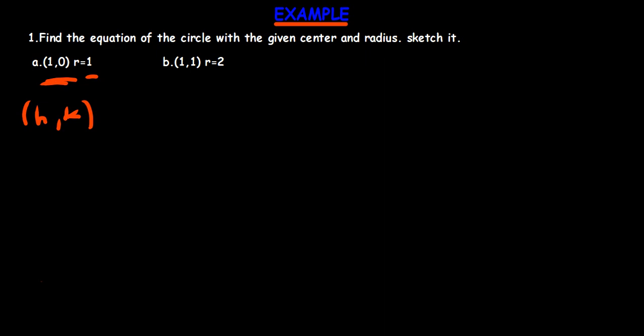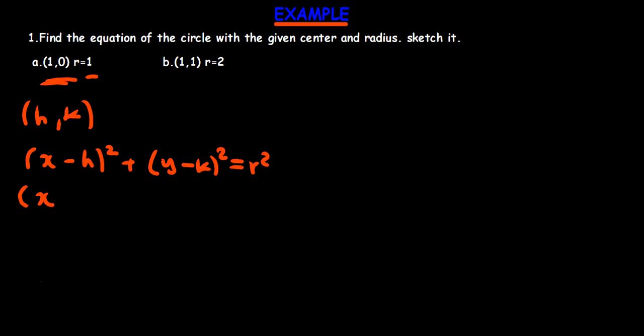The general form that we derived is x minus h squared plus y minus k squared is equal to r squared. So what does this mean? I can identify my h.